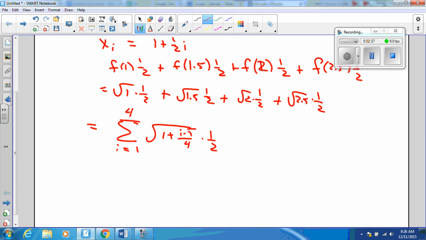So this is a perfectly acceptable way of writing it also, but it's a lot more cumbersome, I think, than just writing it in unrolled.